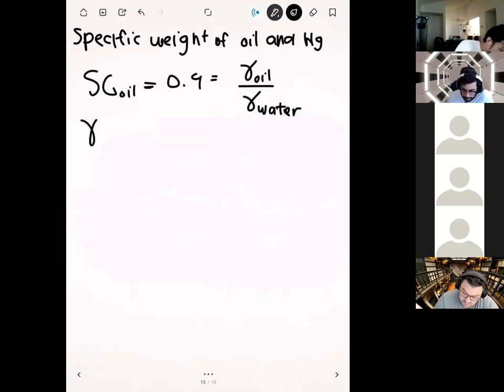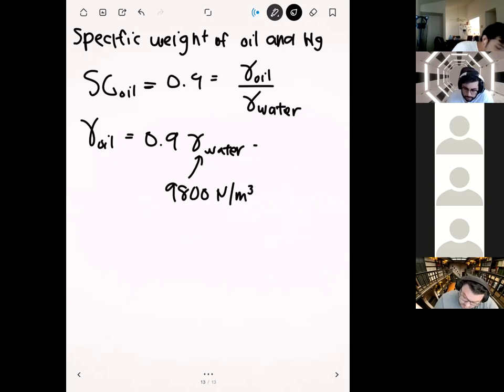So to get the specific weight of oil, we take 0.9 and multiply by the specific weight of water, which is 9,800 newtons per meter cubed. If we plug that in, the specific weight of oil is 8,820 newtons per meter cubed.